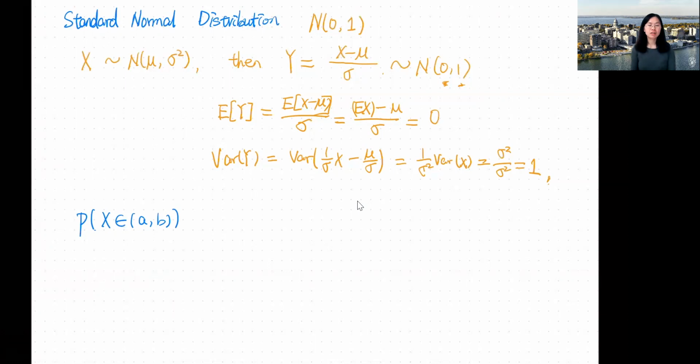So you cannot use your pen and paper to figure out the probability of x belonging to any interval. But we can, however, use this scaling and shifting to turn this probability into a probability about y, about this standard normal distribution.